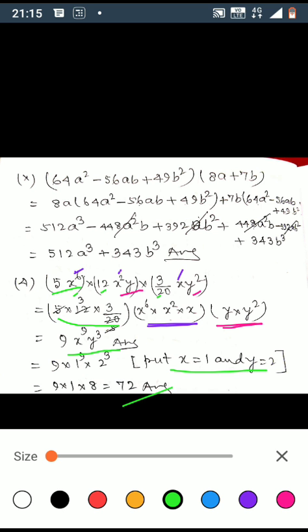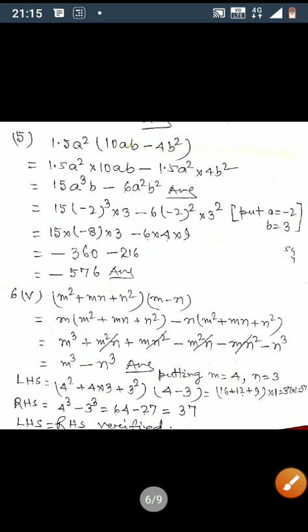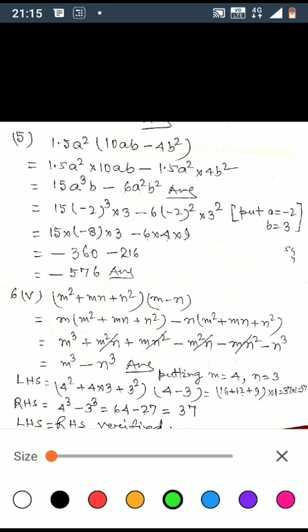Question number 5. 1.5 a square common bracket 10 ab minus 4 b square equal to 1.5 a square multiplied by 10 ab minus 1.5 a square multiplied by 4 b square, equal to 1.5 multiplied by 10, that is 15 a cube b, minus 1.5 multiplied by 4 equal to 6 a square b square. Now substitute the value of a and b. The value of a is minus 2 and the value of b is 3.